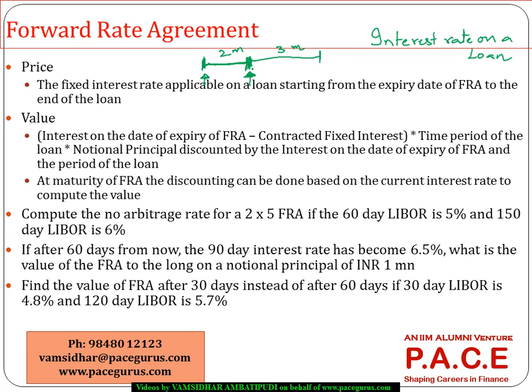So if I am taking a loan for 3 months, after 2 months from now, probably the day on which I take the loan, the interest will be applicable as on that date. But by getting into an FRA, I am fixing the interest rate today itself as to what would be the applicable interest rate on the loan which I am going to take at this particular point for a 3-monthly period.